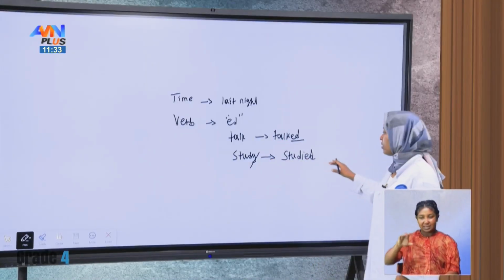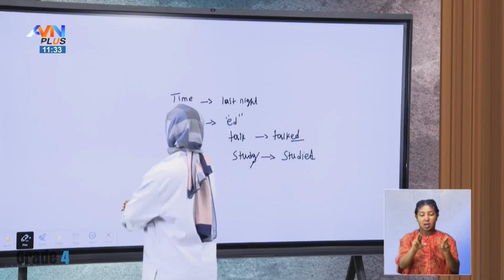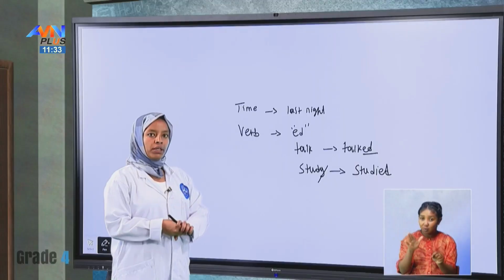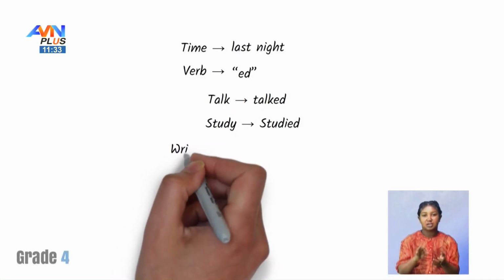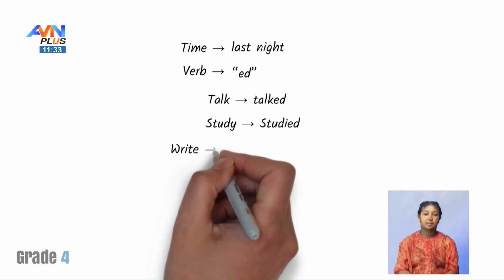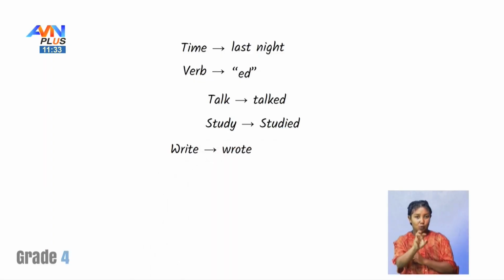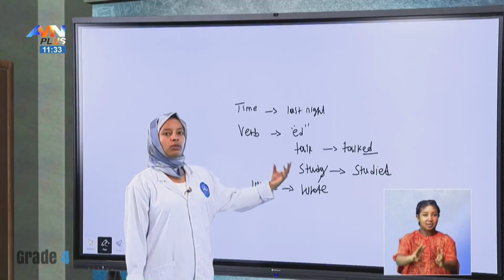Study, studied. The next thing, some verbs are irregular, changing the whole word. For example, we mentioned write, V2 wrote. This was an irregular method, write, wrote.